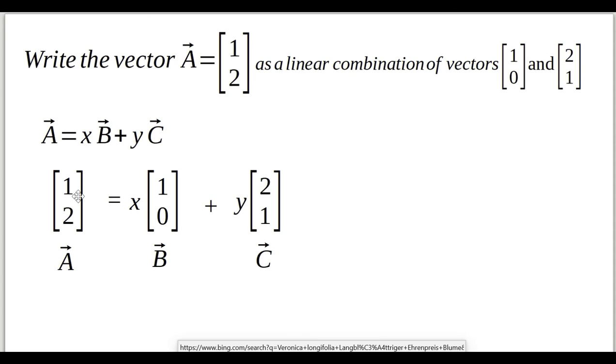So we go on, and I've expressed it here. We have x, we have B here, we have y, we have C here.